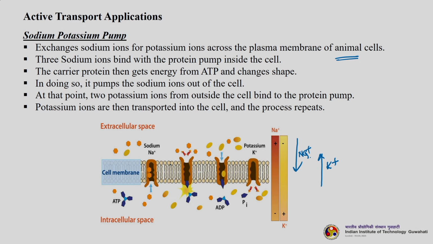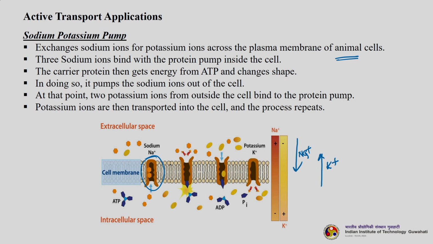3 sodium ions bind with the protein pump inside the cell. Then the carrier protein gets energy from ATP and changes its shape. In doing so, it pumps the sodium ions out of the cell. These are the pumps. Then 2 potassium ions from outside the cell bind to the protein pump and are transported into the cell, and the process repeats.